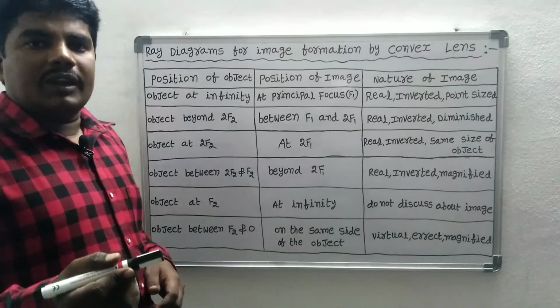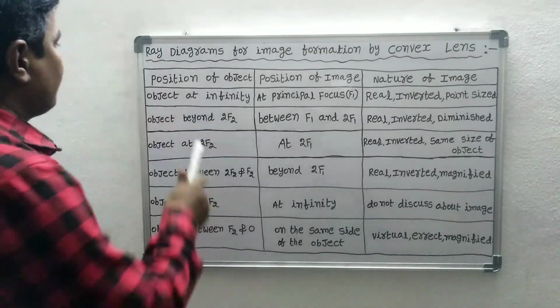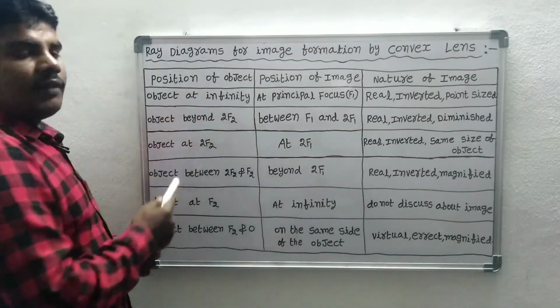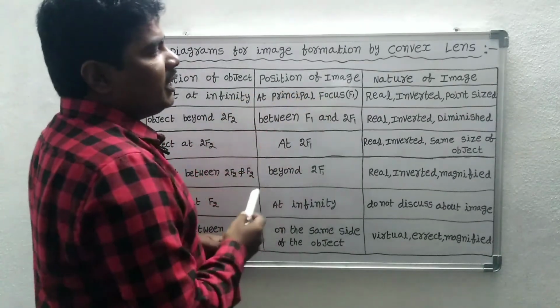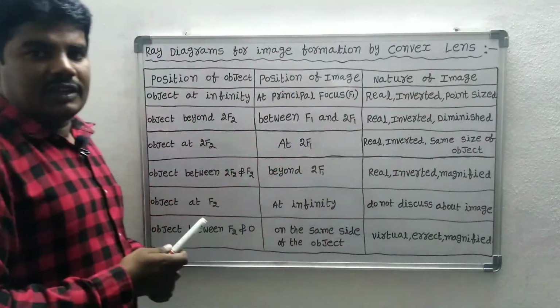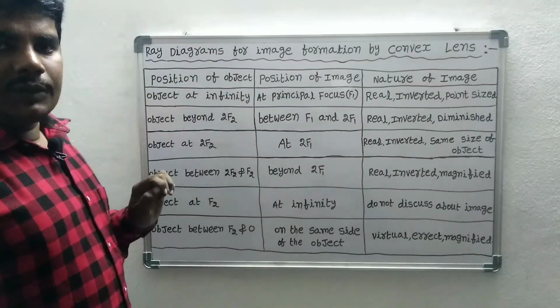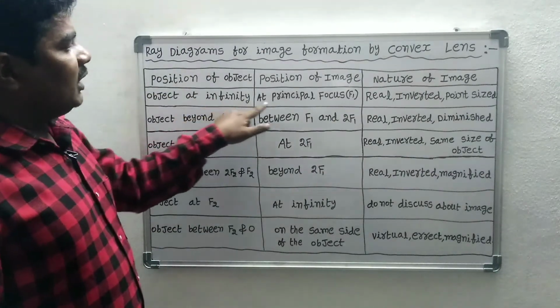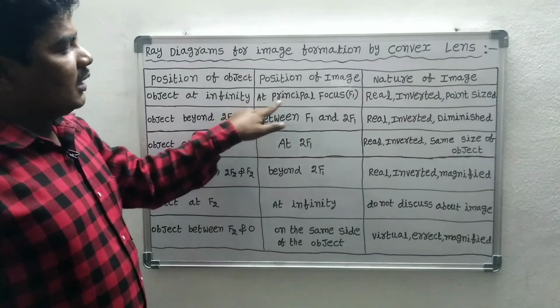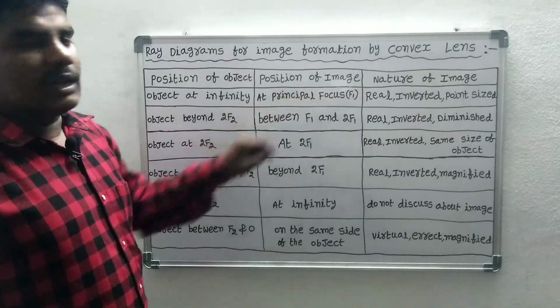Now we summarize all the points. That is position of object, position of image and nature of image. First position is object at infinity. When the object is at infinity, we get the image at principal focus, that is F1.